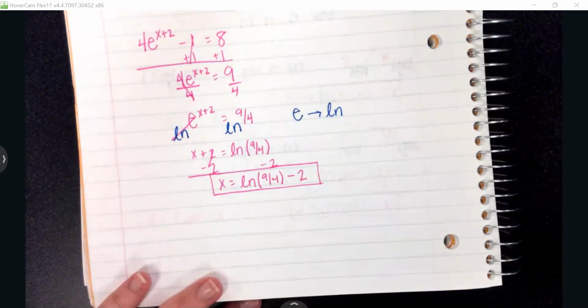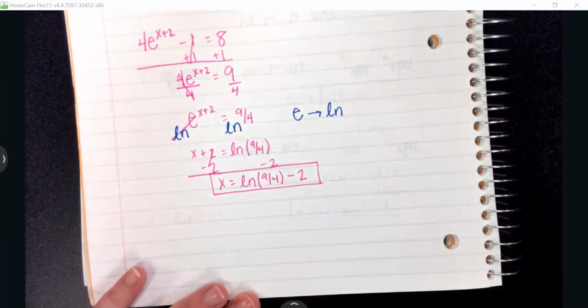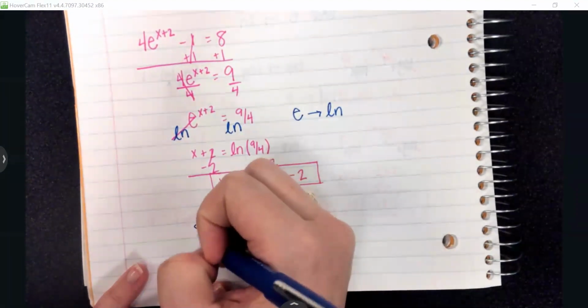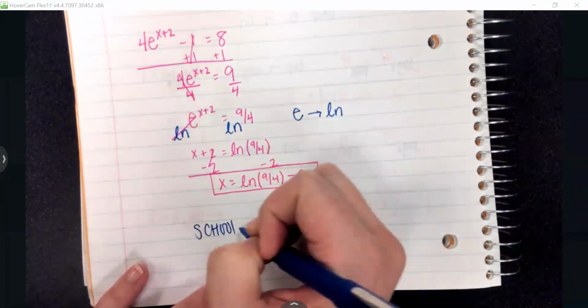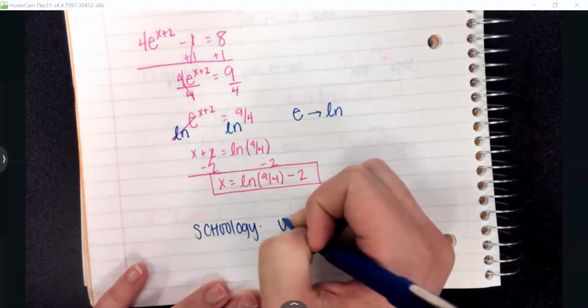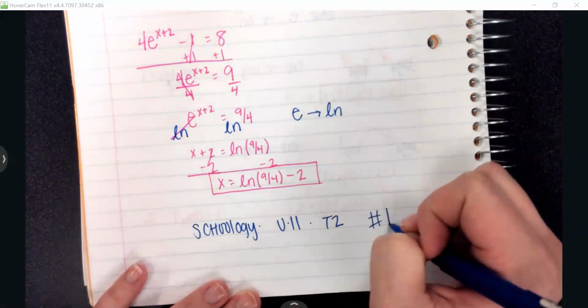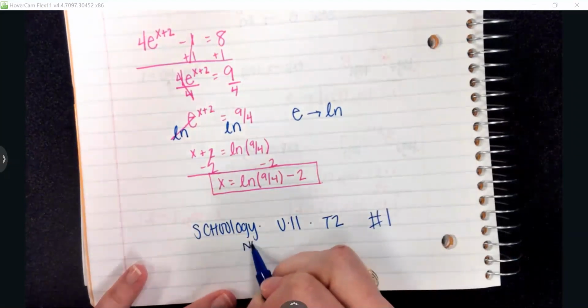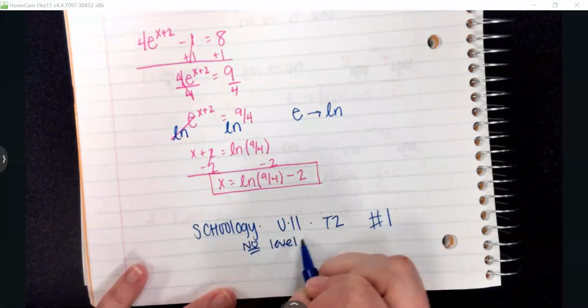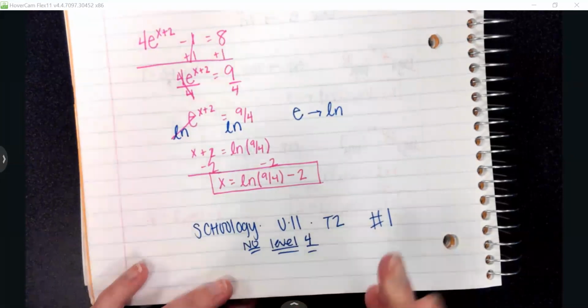We are not doing level 4. You have to have a calculator, and we're not doing that, okay? If you are at home, you are in Schoology. We are in Unit 11, Topic 2, and we are on practice number 1. No level 4 problems. You can't do those.